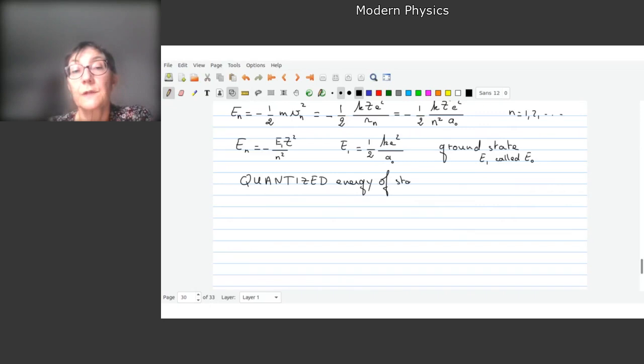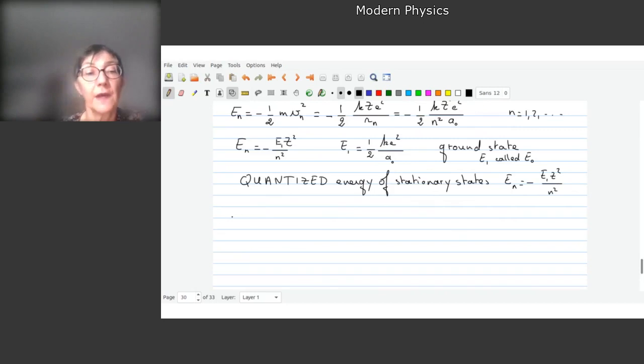Of the stationary states, this is En equal to minus Z squared.